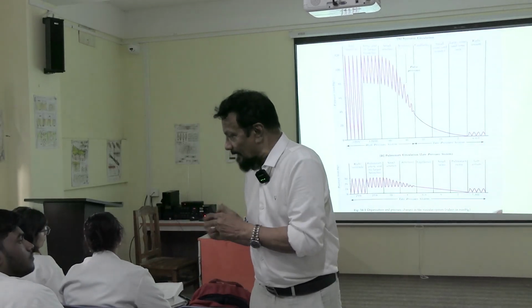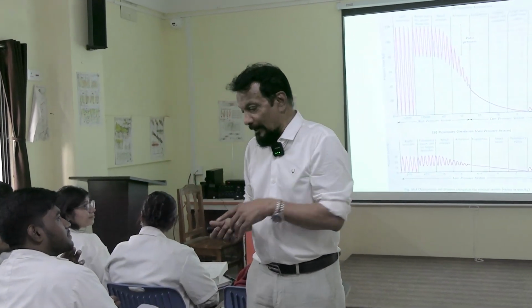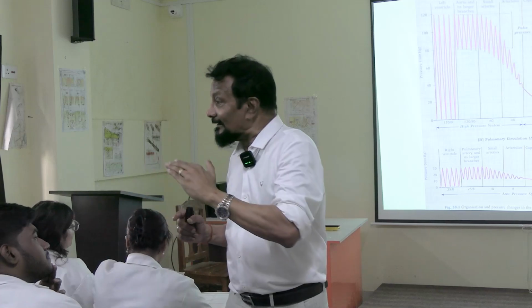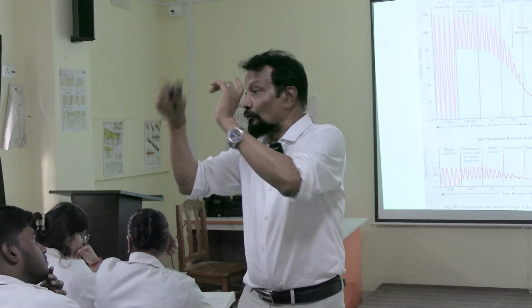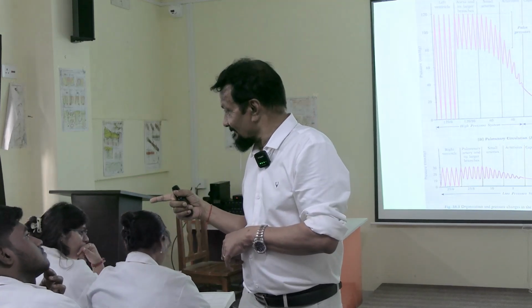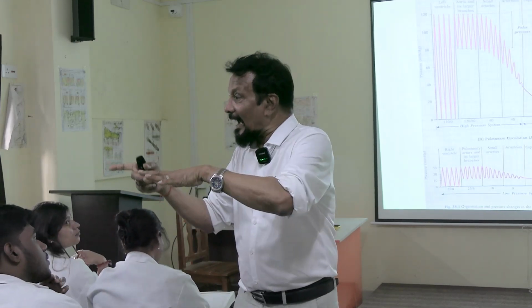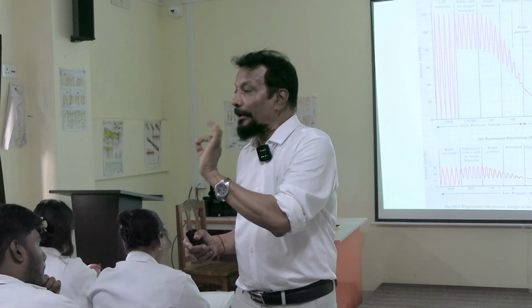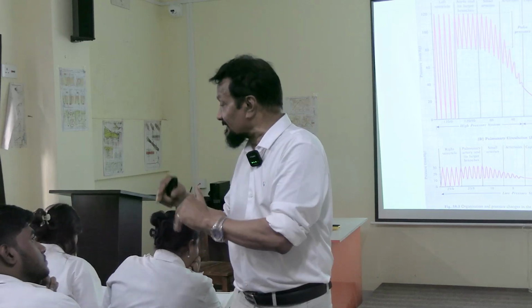And delivery time has to be given, it can't just go away immediately. If the velocity is high, I will not get time for exchange, it will go fast, velocity very high. If I reduce the velocity, now I will get the time of exchange. That's why I have reduced the velocity. How have I reduced the velocity? By increasing the total cross-sectional area. Flow is maintained, adequate flow is there, but the velocity I reduced by increasing the total cross-sectional area, so that the tissues can get adequate time for exchange purposes because of the reduction in velocity.